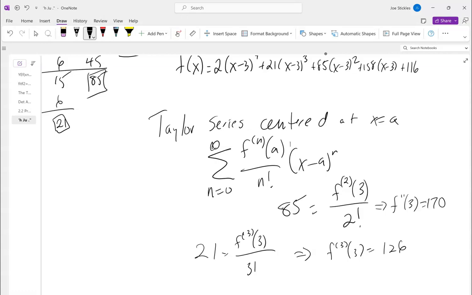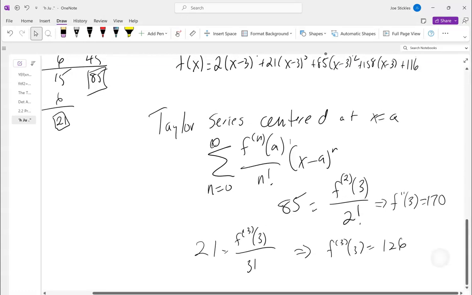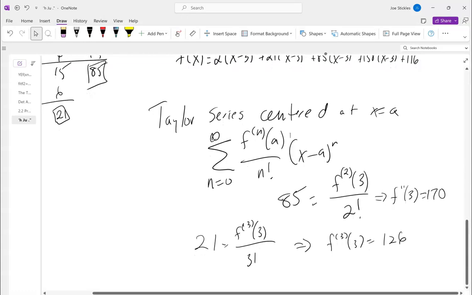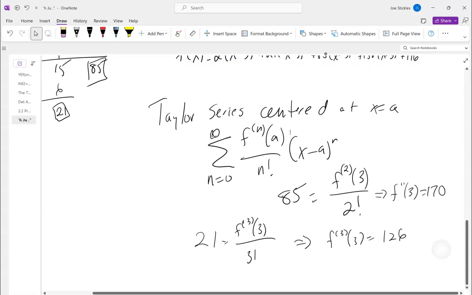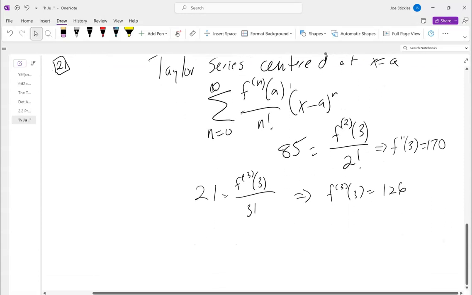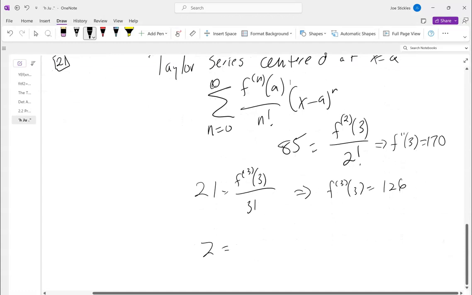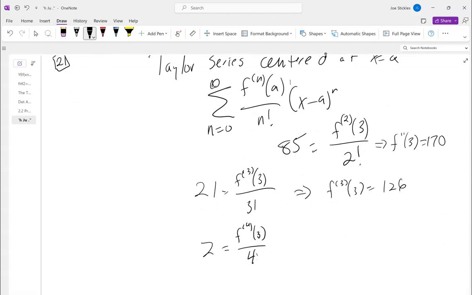Then finally, what does the 2 represent? Yeah, fourth derivative divided by 4 factorial. Good. So our 2 is the fourth derivative evaluated at 3 over 4 factorial. 4 factorial is 24, so the fourth derivative at 3 is 48.